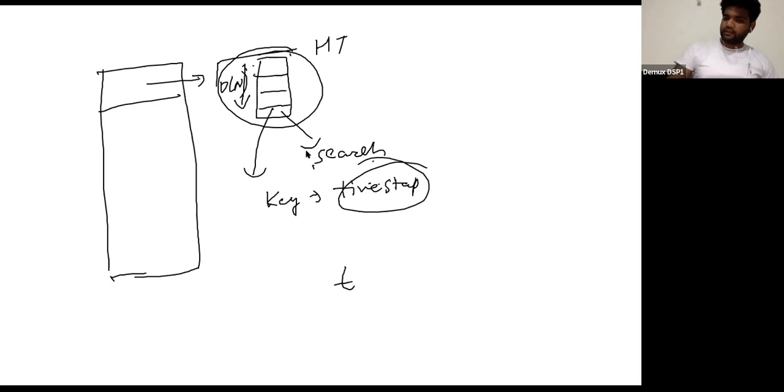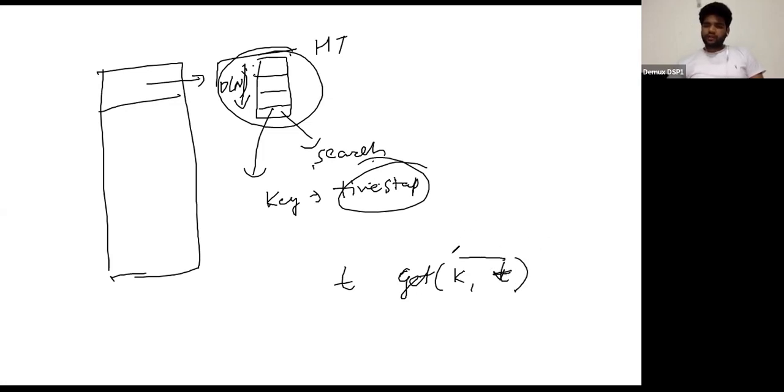Did you get this point? So think about the searching. What do you have to search in the get operation? For a given key and a given timestamp t, you have to search in this hash table for the largest timestamp which is less than or equal to t, right?